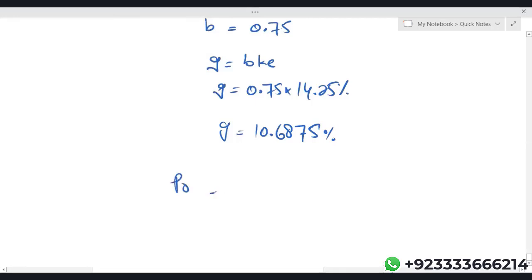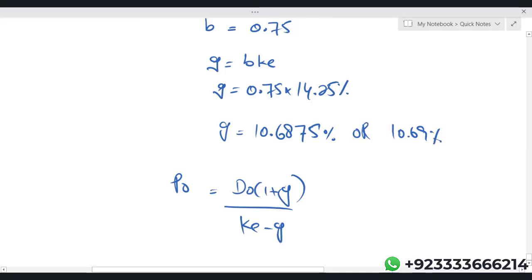P naught is equal to D naught into 1 plus g, divided by K minus g. With a little bit rounding off, you can take this just to make it easier.